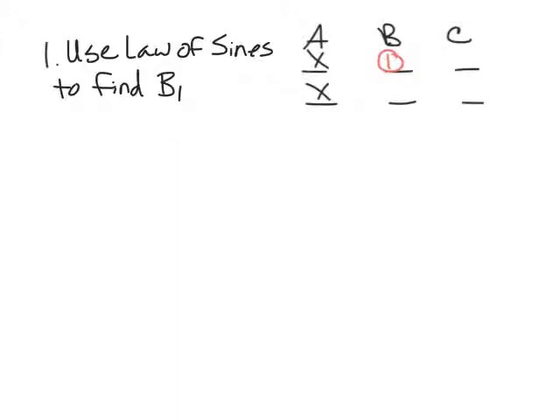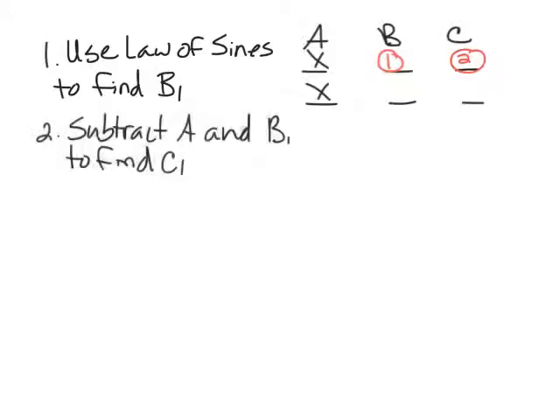And then the second thing you're going to do is find the first C angle. To find the first C angle, you're just going to subtract A and B1 from 180 degrees to find C. Now, if these two both generate a positive value, then you know you at least have one solution.